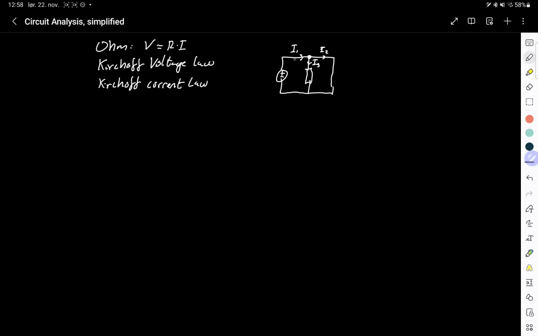So as you can see, one current is going in and two currents are going out. So that means that the current going in must equal the currents going out. Okay, simple. They're the three things we're gonna be using today, those three identities, and that's basically all.